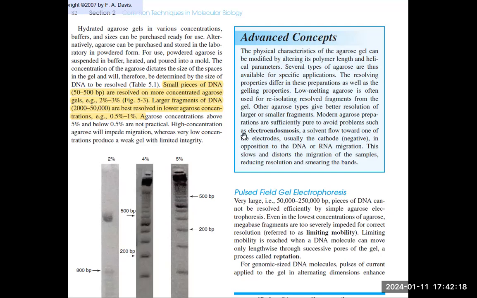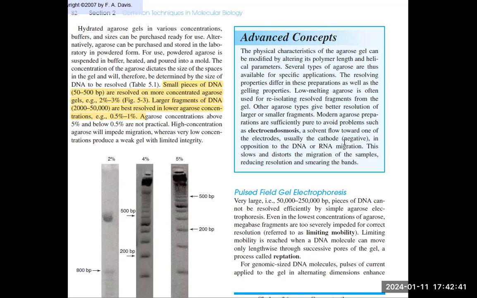The phenomenon of electroendosmosis might occur. This refers to the fragment flow. Our DNA or RNA will flow toward one of the electrodes, and it will migrate towards, no, not the anode, sorry guys, the cathode, the negative pole.